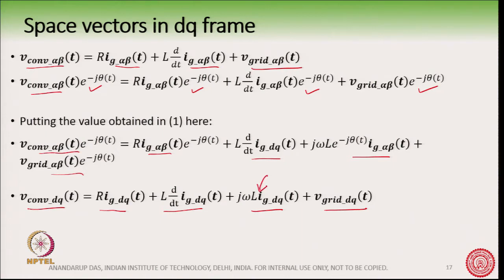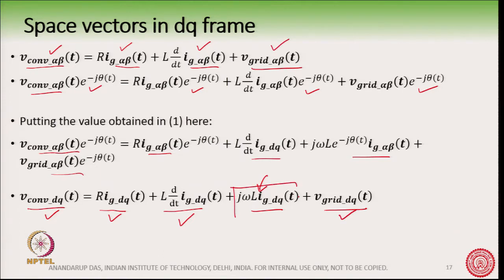This is the part which comes new, because the other parts are very similar to the alpha beta components. You can compare: R I g is similar to this, and this is similar to this.